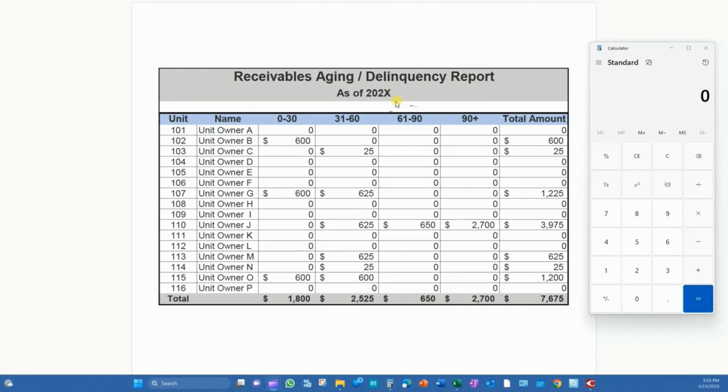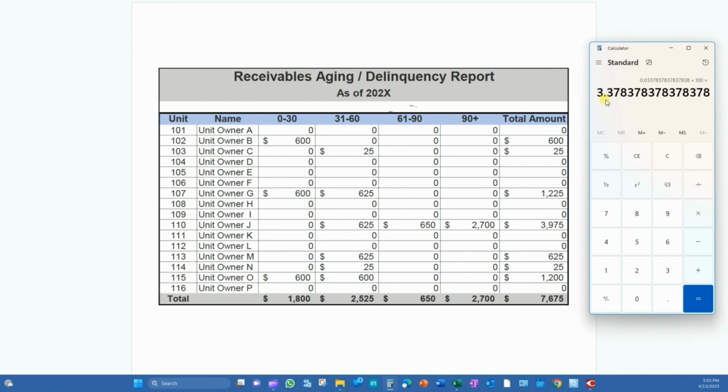Let's not count this $25 because it's probably a late fee that has not been paid. So we have 1, 2, 3, 4, 5 units in arrears. Let's assume there are a total of 148 units in the condominium. That means we have 5 divided by 148 equals a 3.38% delinquency rate.